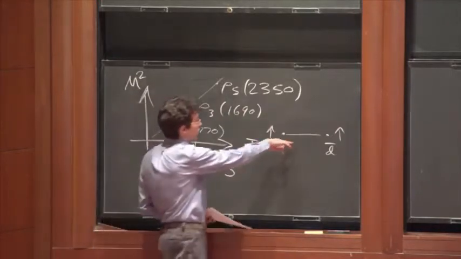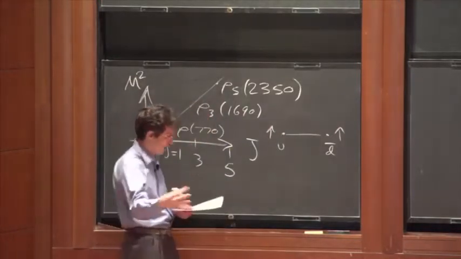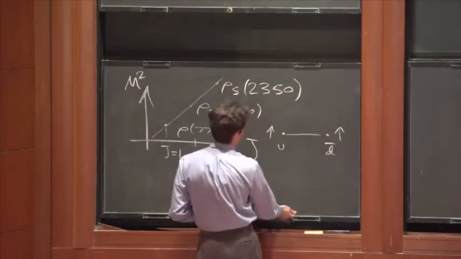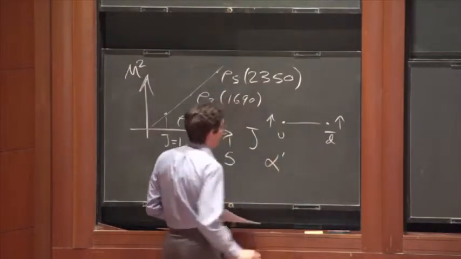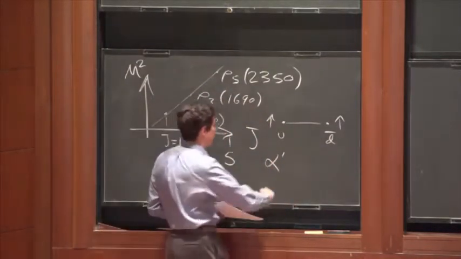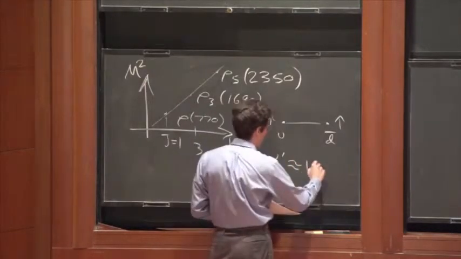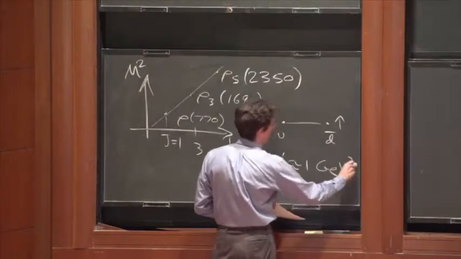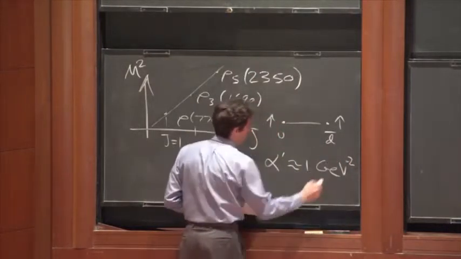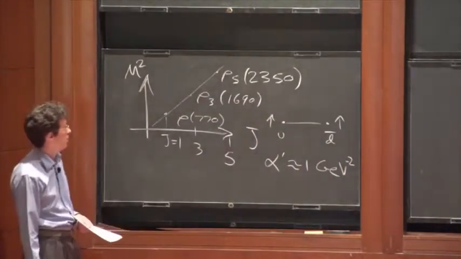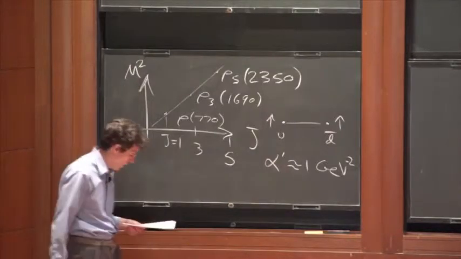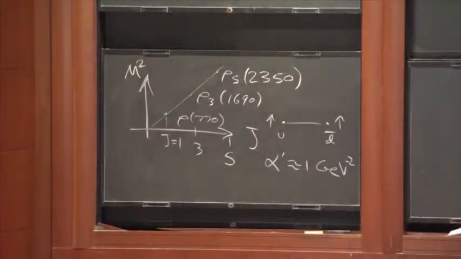And then linking the quark and the antiquark, there is a QCD string whose tension is controlled by the parameter alpha prime, which is approximately 1 in the natural units of particle physics, which are, inverse, in this case, GeV squared. Okay, so much for the prehistory of string theory.